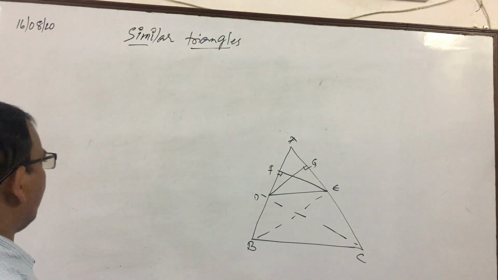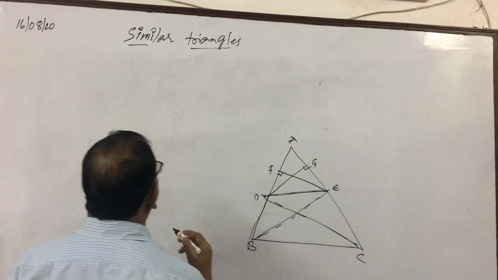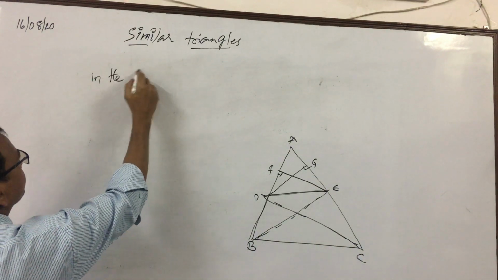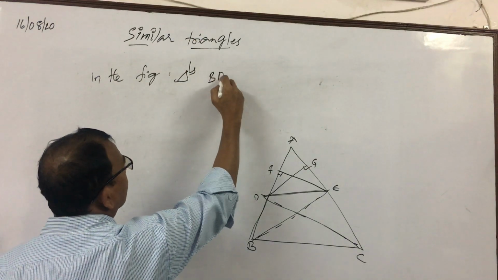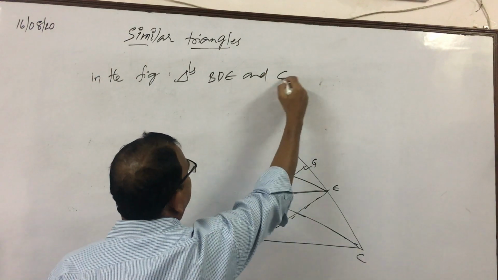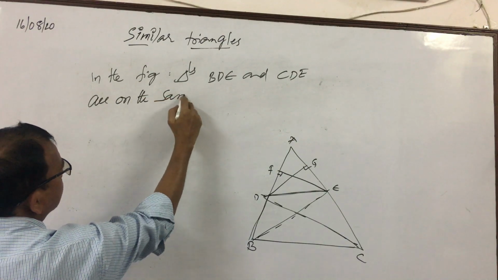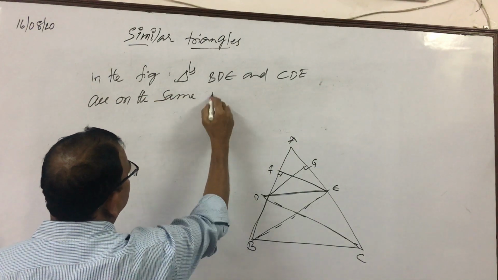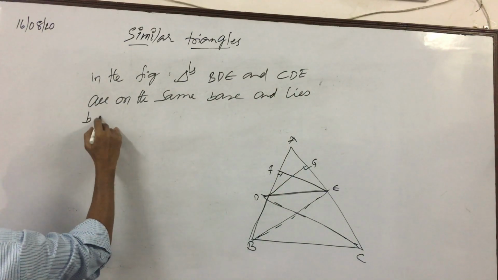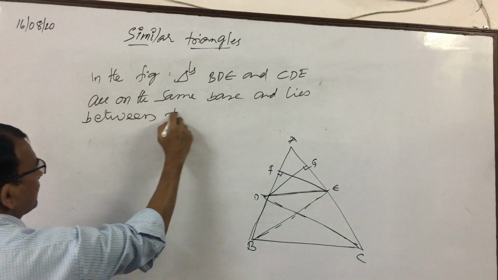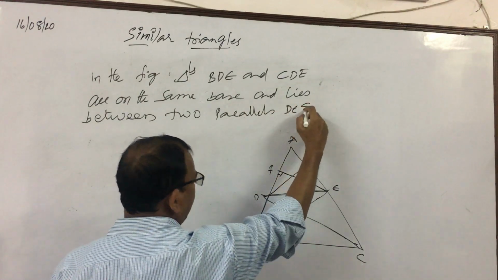Now, what do we know here? In the figure, triangles BDE and CDE are on the same base and lie between two parallels, DE and BC.